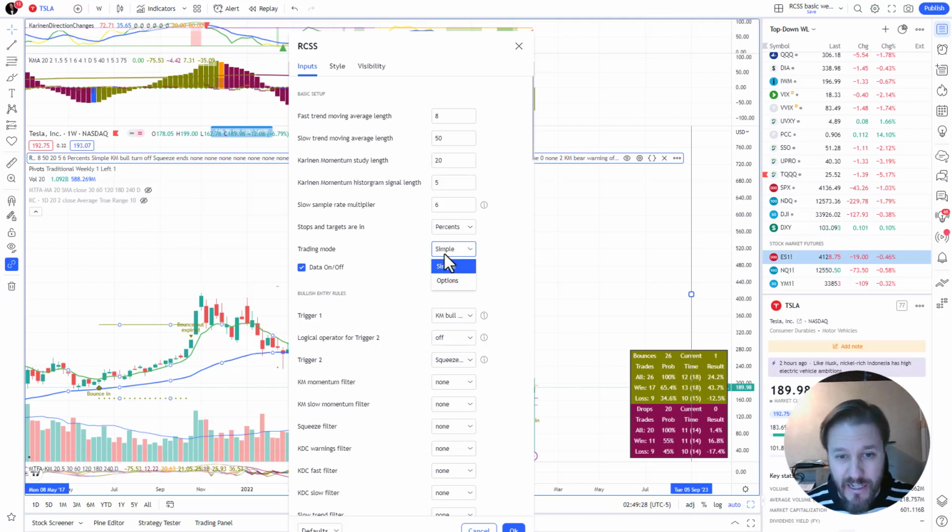It may make more sense to just do currency here and say that I want to target $10 above or $10 below. I want my stop to be $5 up or $5 below, and this sort of things. So for day trading, using currency is probably better.